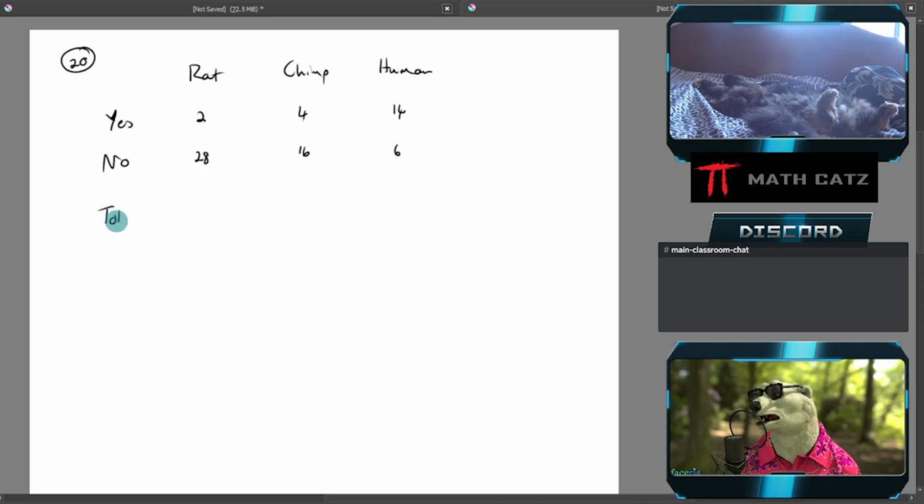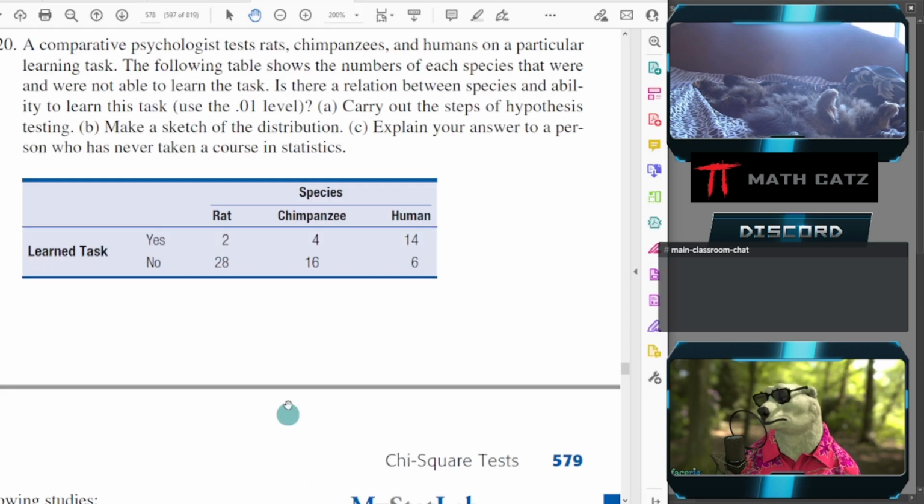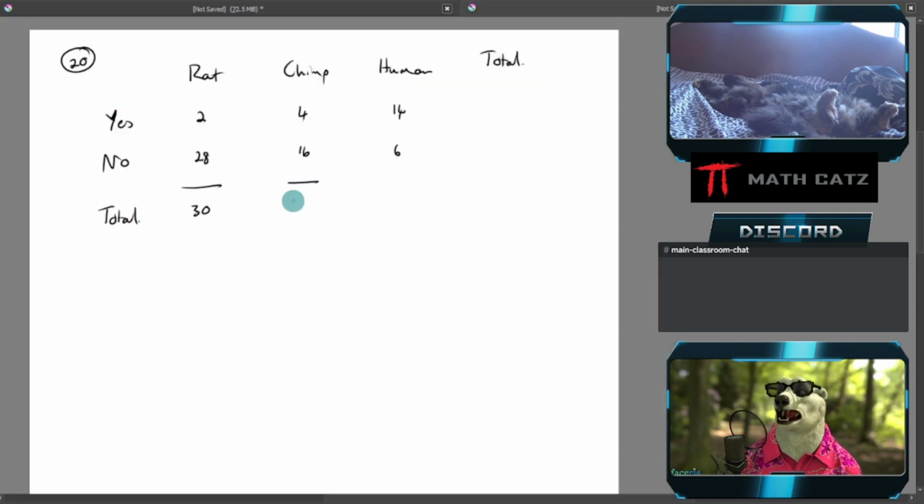So let's add up these rows and columns. Now, if I can write properly. Add up the rats, we get 30. Now, of course, these numbers come from our table, just like that. Add up the chimps, and 20 were in the study.